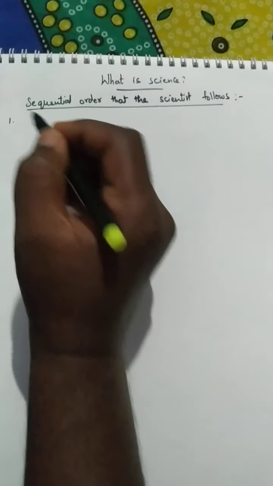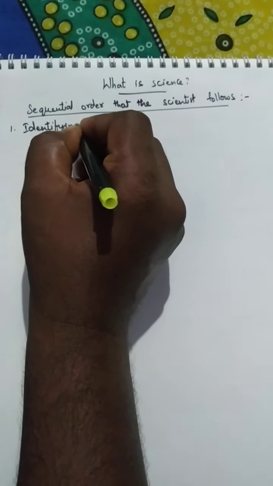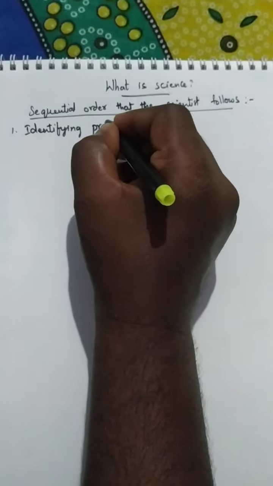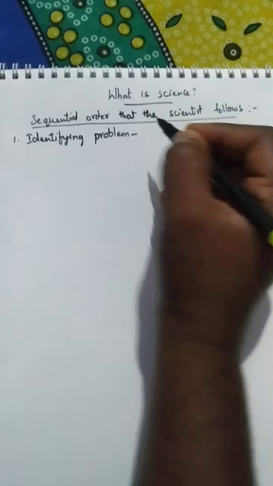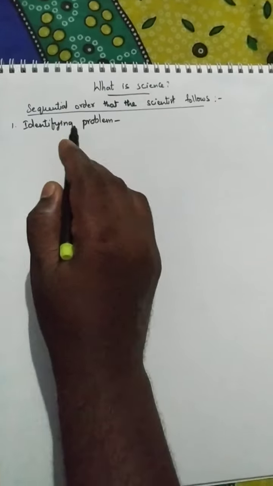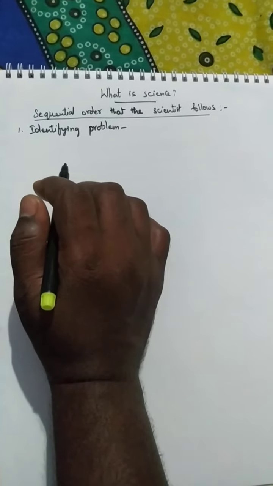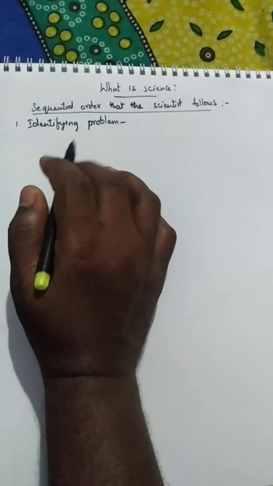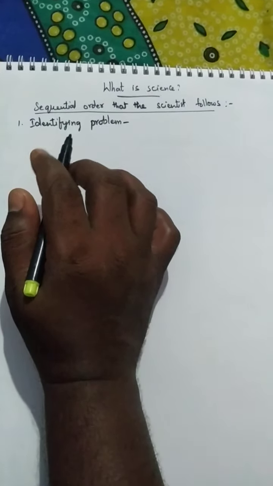So in that, the first point is identifying the problem. This is the first step. So first the scientist will identify a problem. If we get a doubt, that doubt is a problem.